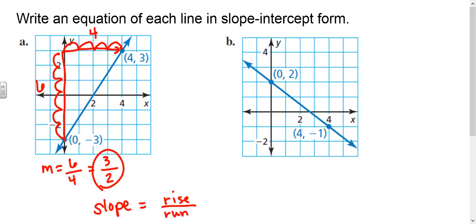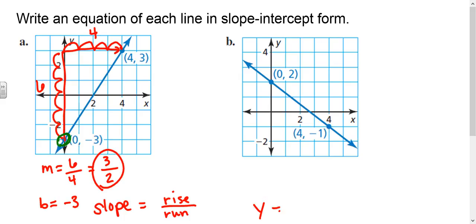Now I also need b, the y-intercept, so that I can write my equation. Where does my line cross the y-axis? It crosses right here at -3. So on this one, b would equal -3. Now I can write the equation of my line.